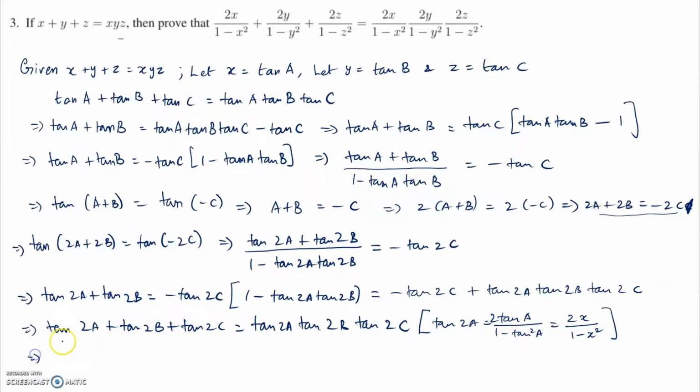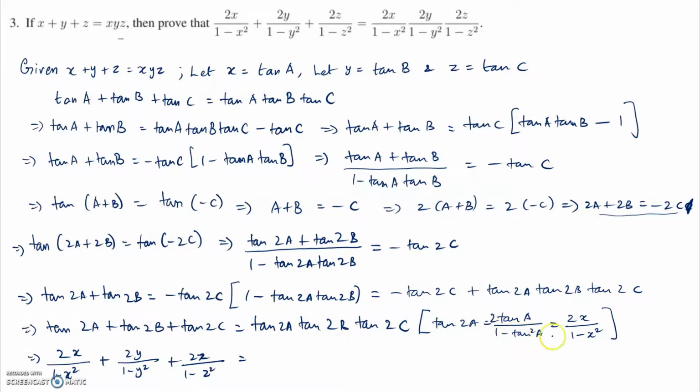So, this will now become, instead of tan 2a, you will say 2x divided by 1 minus x squared plus, and tan b is y. So, this will be 2y divided by 1 minus y squared plus 2z divided by 1 minus z squared. This tan c is z here, and it will be equal to tan 2a tan 2b into tan 2c.